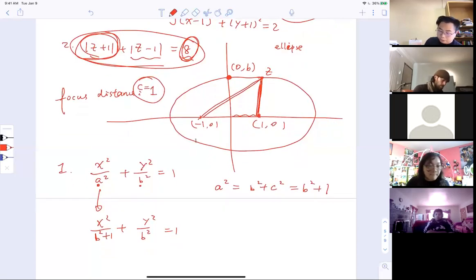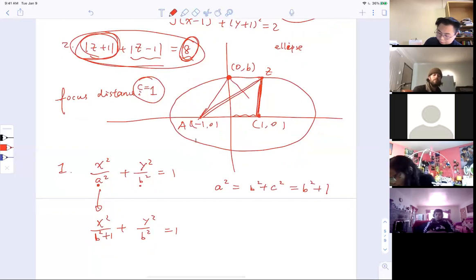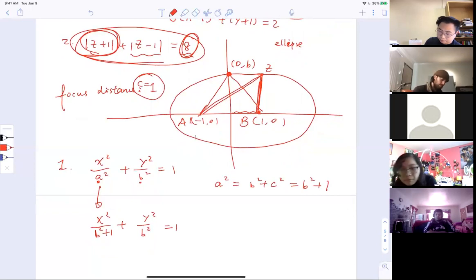For (0, b), we can calculate the distance from (0, b) to this point, let's call it point A, and also the distance from (0, b) to the other point, let's call it point B. By the way, they're the same, right? Because they're symmetric.